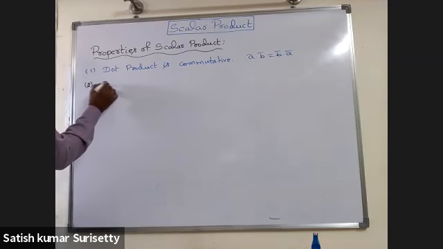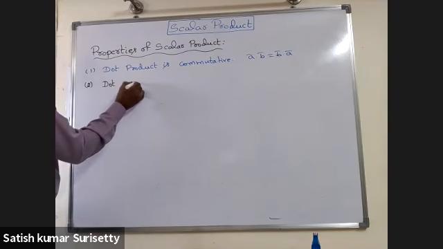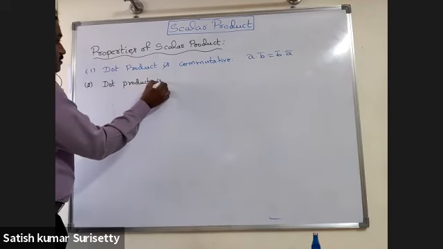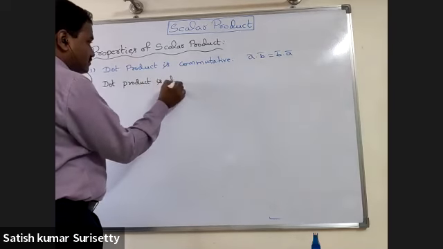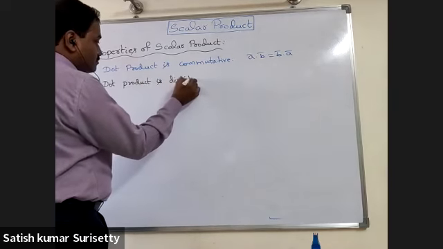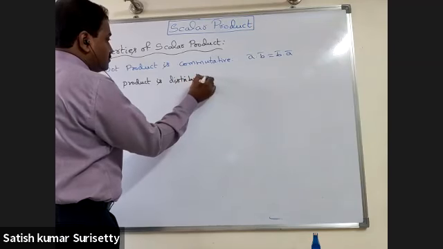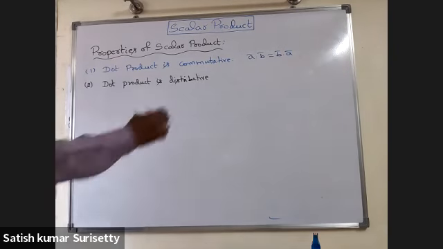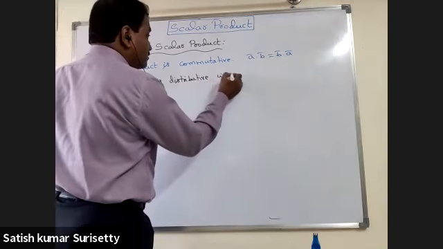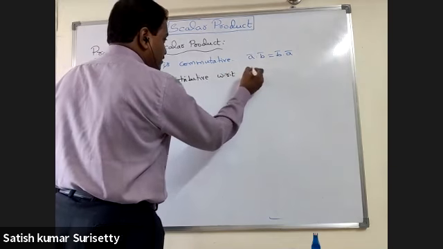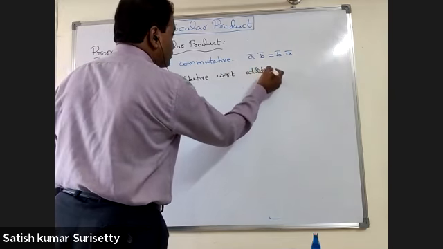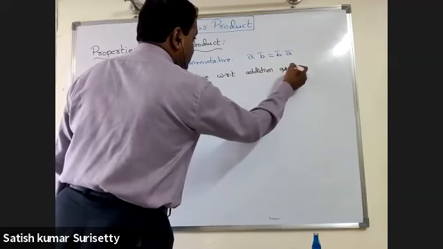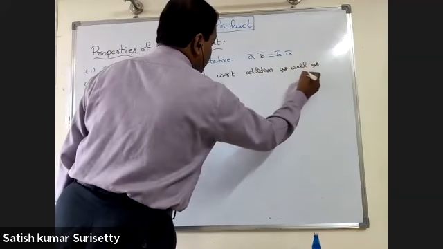Second, the dot product is distributive. Dot product is distributive with respect to addition as well as subtraction.